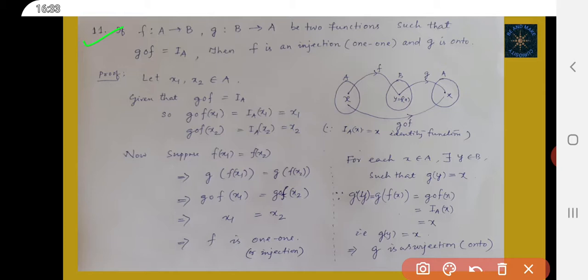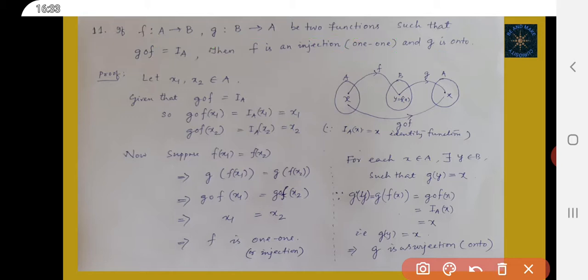Okay, if f from A to B, g mapping from B to A be two functions such that g∘f is equal to the identity function on set A, then f is an injective function, that is 1-1, and g is onto, that is surjective function.